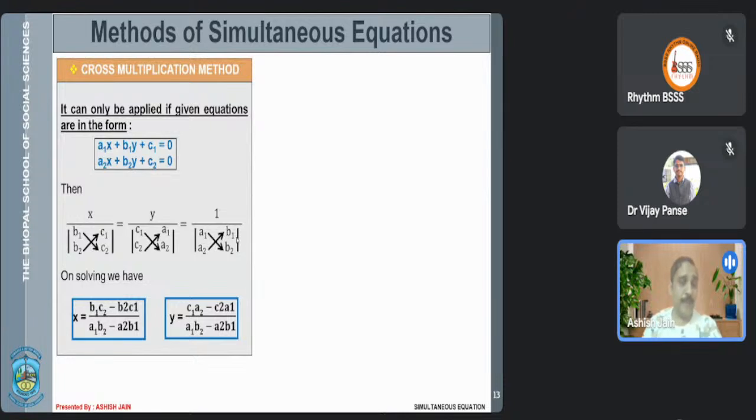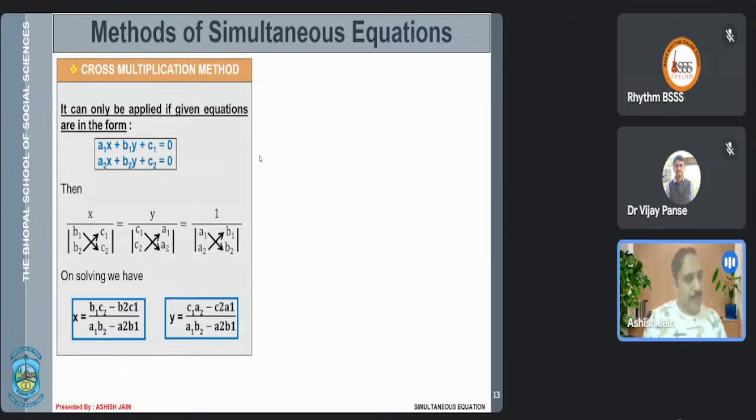Now we come to the very important method, which is called cross multiplication method. We first see all the methods, then we do the problems. Now, in order to apply this method of cross multiplication, our equation must be of the form a1x plus b1y plus c1 equal to 0 and a2x plus b2y plus c2 equal to 0.